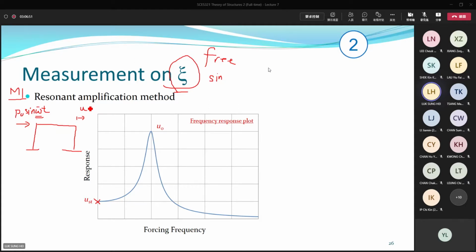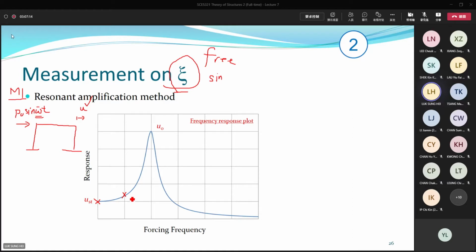And then you change the loading frequency, from 0 to maybe 10 or other numbers. When the structure oscillates, you record the displacement history and then find the maximum value. Then you can plot another point on the graph.